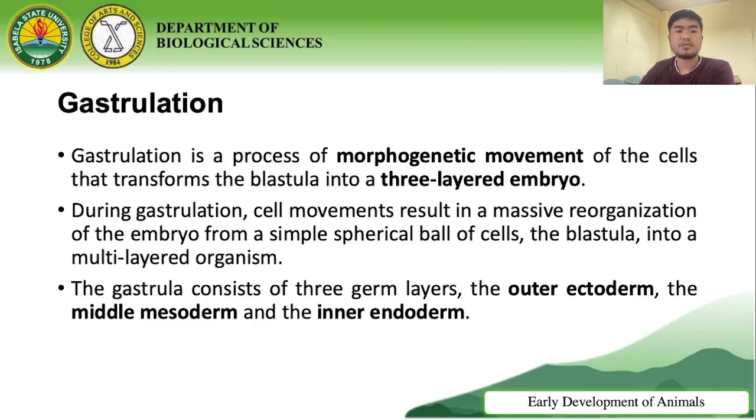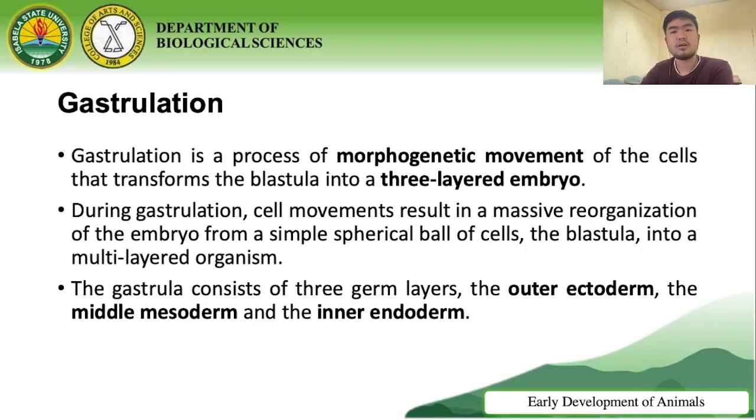Under gastrulation, ito na yung movement ng cells, with further division of the cells of our embryo. During gastrulation, cell movements result in massive reorganization of the embryo from a simple spherical ball of cells, the blastula, into a multi-layered organism.